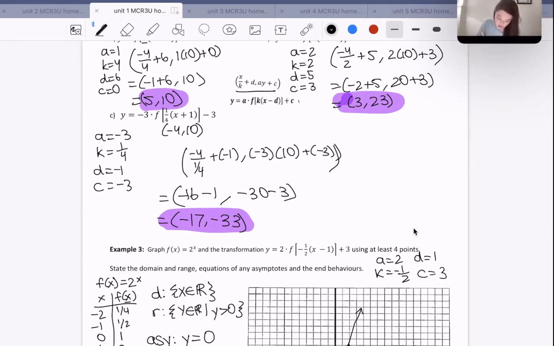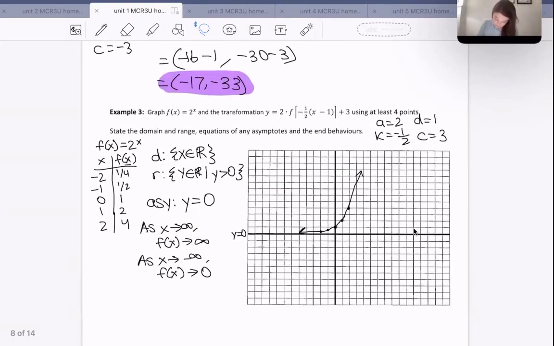So I'm going to put all of those into this equation to get my new points.